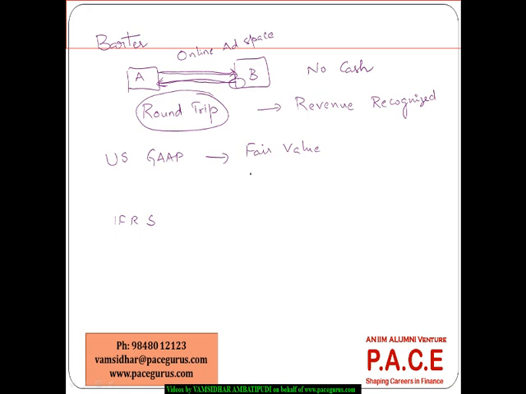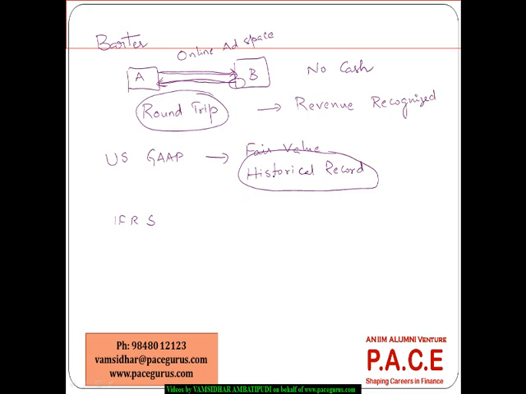especially if there is a historical record. Meaning, in the past, if this company has sold a similar kind of good or service for cash, and that experience can be used to compute the fair value, then you can recognize it under US GAAP.